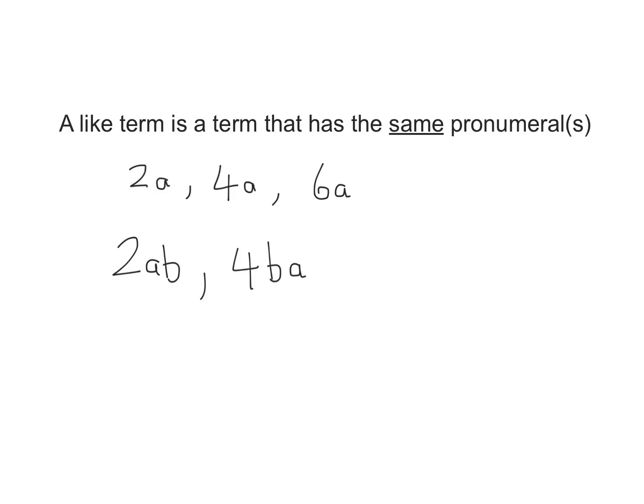Another set of like terms could be something like x squared plus 4x squared or 6x squared. The x squared there show that they are the same pronumeral and therefore are like terms.